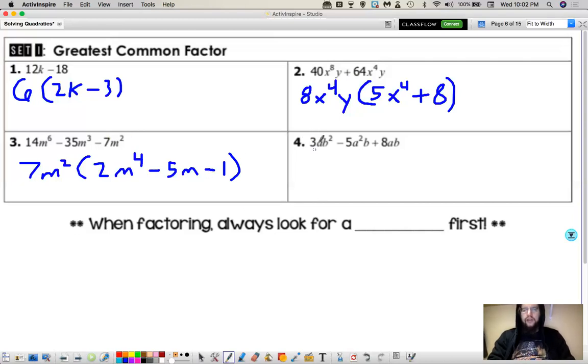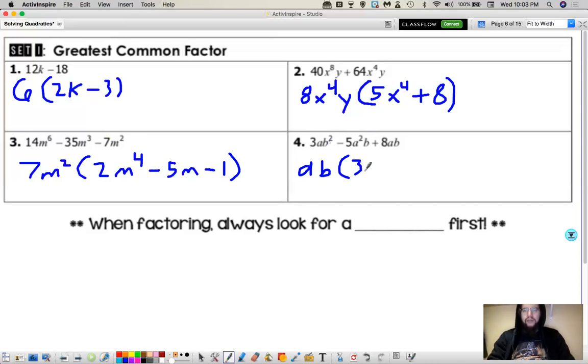Okay, so 3 and 5 and 8, they all have a nothing in, no. A, there's 1 there, there's 2 there, there's 1 there, so I got 1. Got 2 B's, 1 B. Well, okay, I got 1 B. So it didn't mess with the 3. A divided by A is 1, but again, I got something already, so I don't need to write the 1.